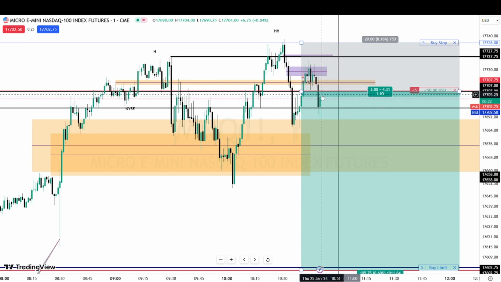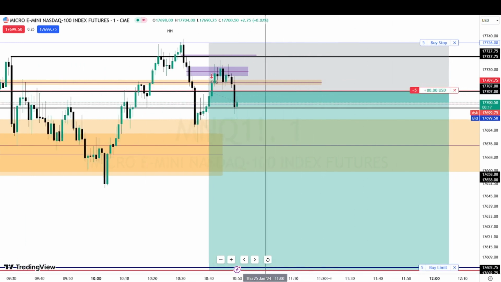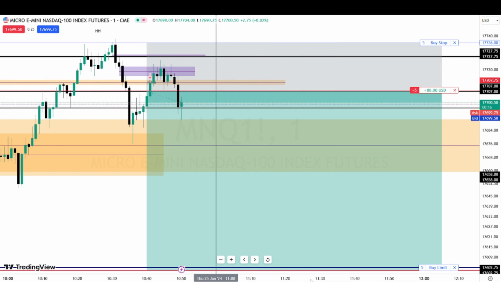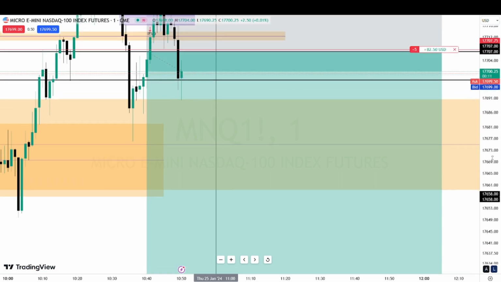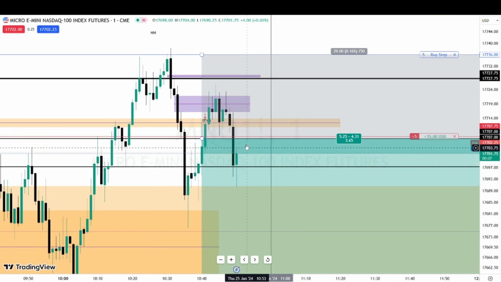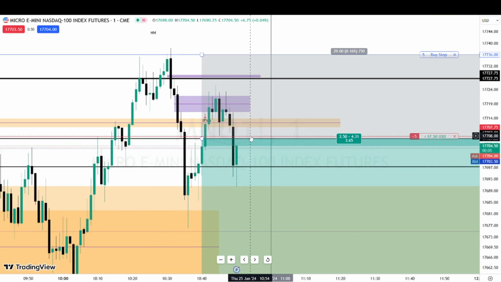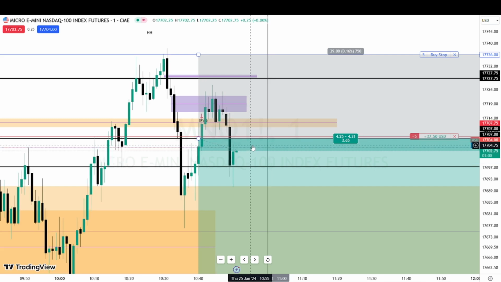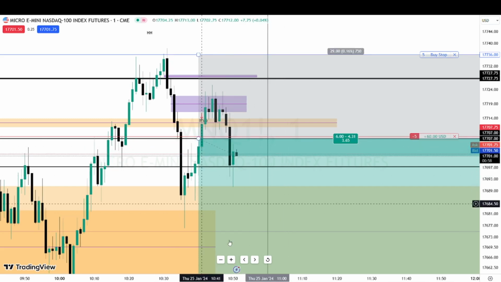It would be nice if we create this fair value gap. This is what I'm watching, rather than creating an immediate rebalance. It would be very beautiful to be creating this fair value gap right here. I'm watching that.